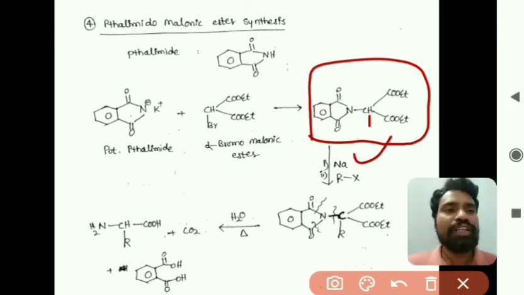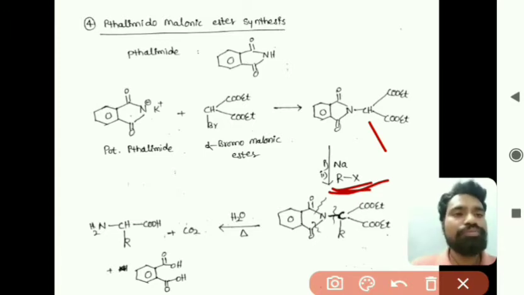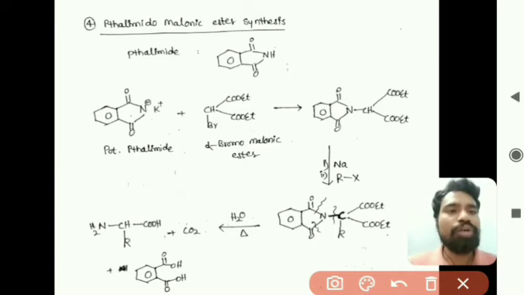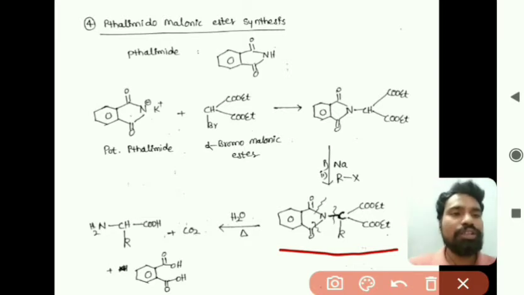Sodium will take the alpha hydrogen, and then it forms a carbanion, which is reacted with RX, and that carbanion will take the R plus group, that is the alkyl group, right. So there is a bond formation between this carbon and the alkyl group. Now we will be getting the alkyl phthalimido malonic ester. This is the second step.